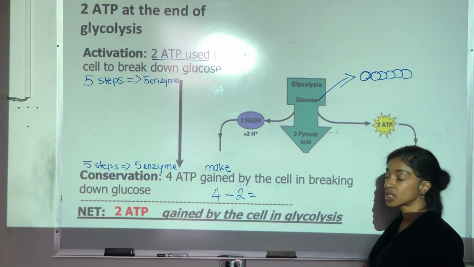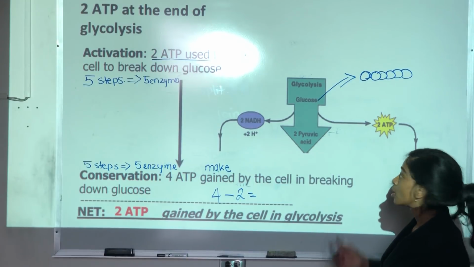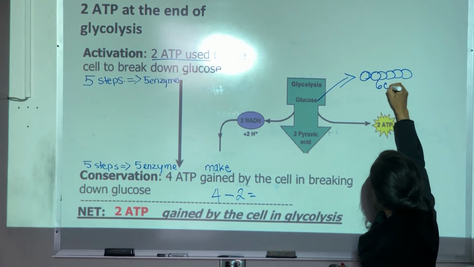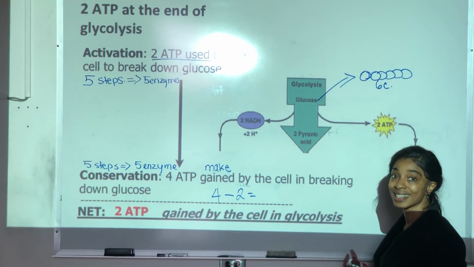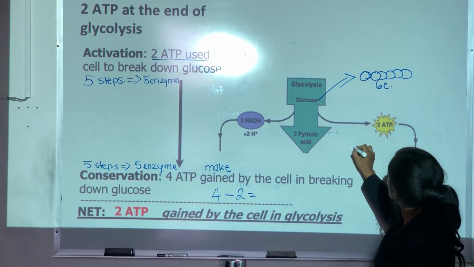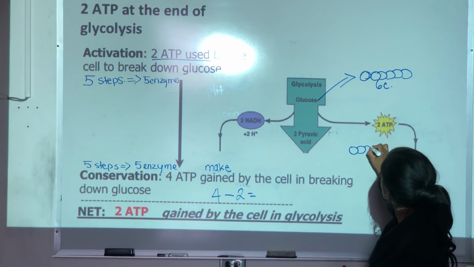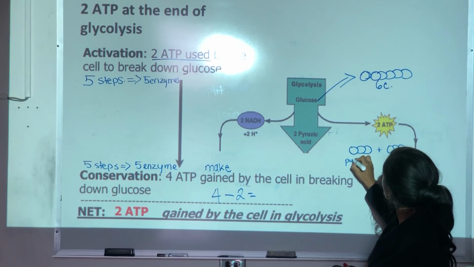So when glucose is made, we use 6 dots to represent what? 6 carbons. And those carbons will be split in this process of glycolysis. Glycolysis: lysis means to split a sugar. So we'll split it into 2 molecules. All right, so we have 1 pyruvic acid. And here is the other one.